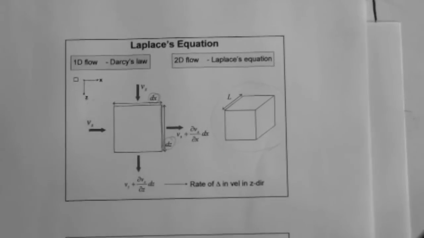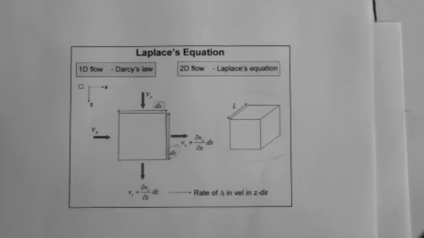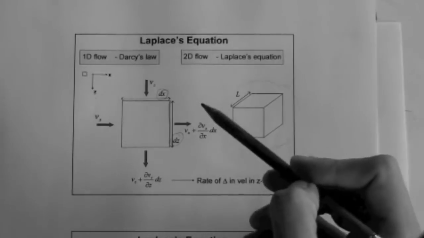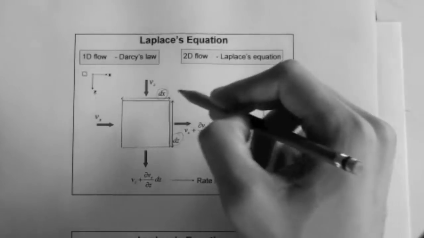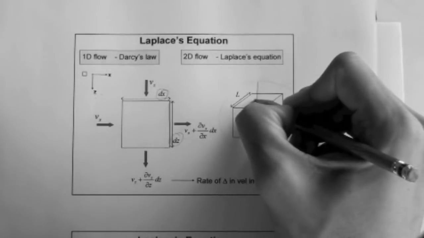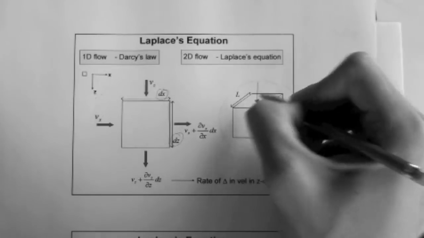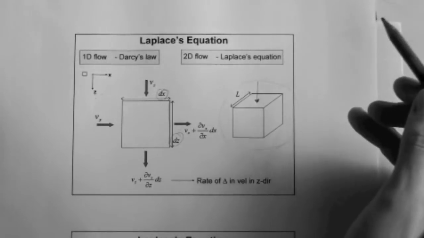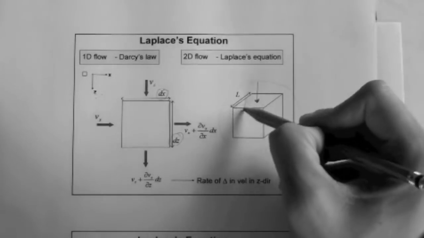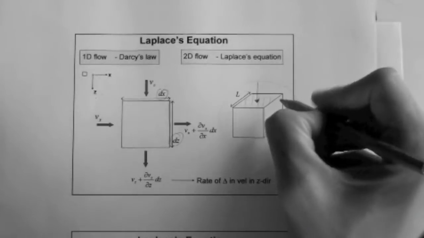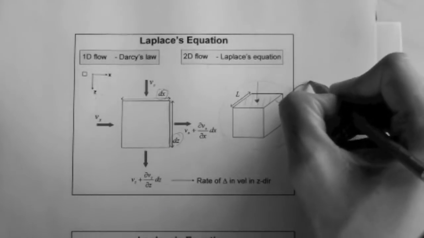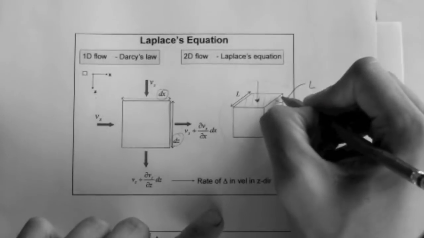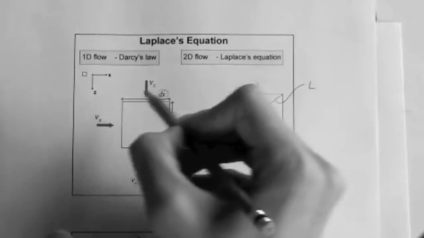What we have to remember when we go through this derivation is that in the z direction, the cross-sectional area of flow is this, which is L times dx.